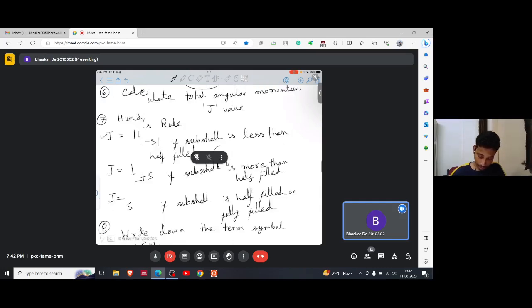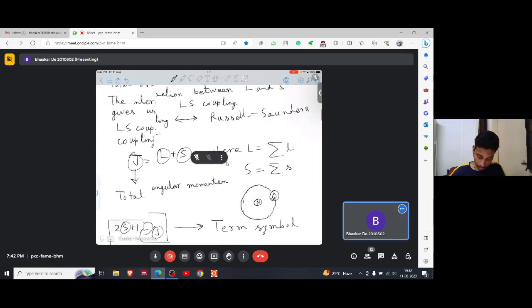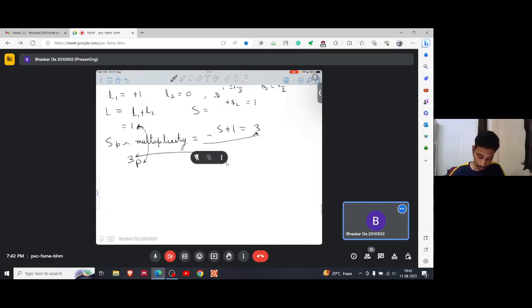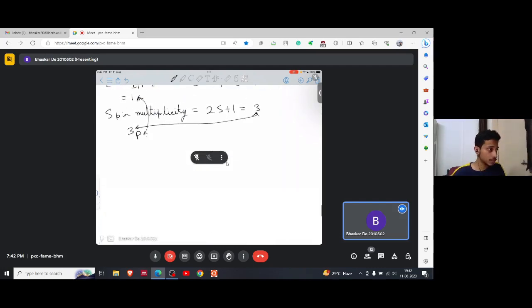As I have mentioned here, the value of L equal to 1 means the term symbol will be P. So this is 3P. Now we need to calculate J. So J will have values from L plus S to L minus S.